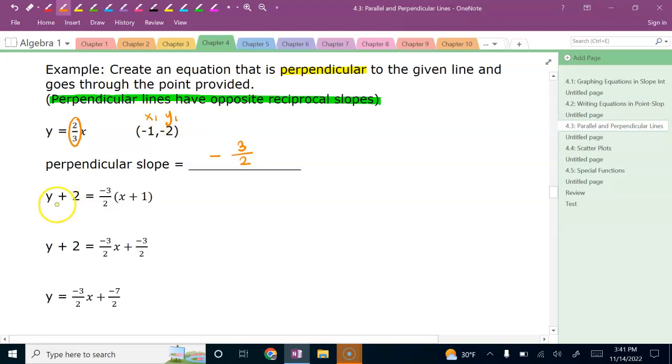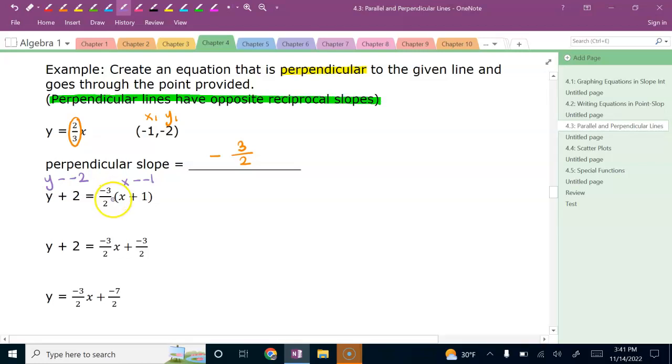So they've got it written here, y plus 2. Remember, if we had started this, we would have written it as y minus a negative 2, and that's why they're writing it as plus 2, because we get rid of those double negative signs. And the same thing happens with the x minus negative 1. They rewrote that as x plus 1, just to clean that up and make it look a little bit nicer.